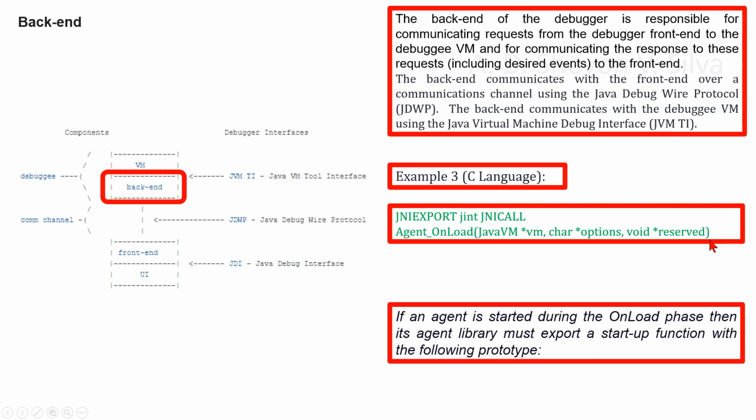The VM will call the Agent_OnLoad or Agent_OnLoad_agent_name function with options as the second argument. That is, using the command line option examples, option1 and option2 will be passed to the char asterisk options argument of Agent_OnLoad. The options argument is encoded as a modified UTF-8 string.